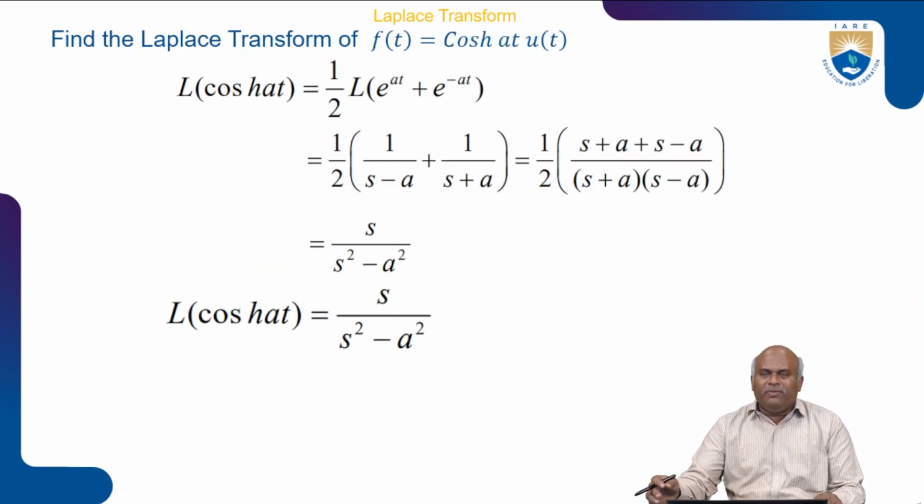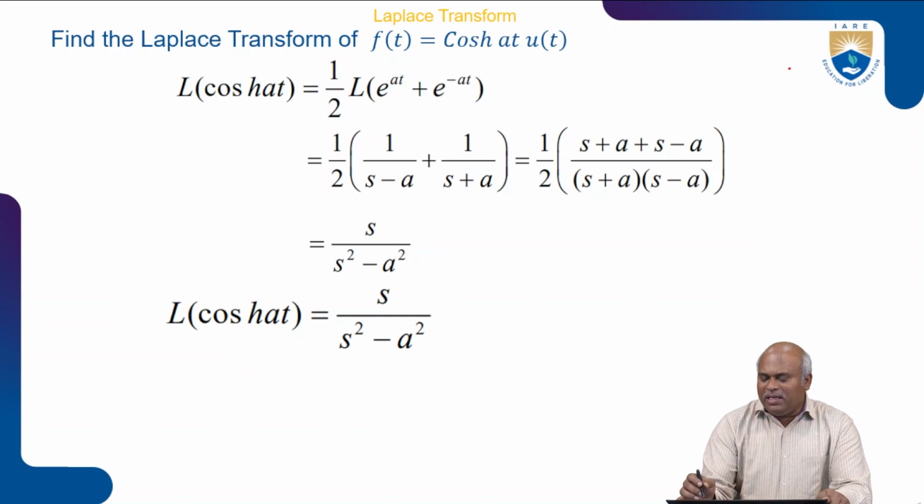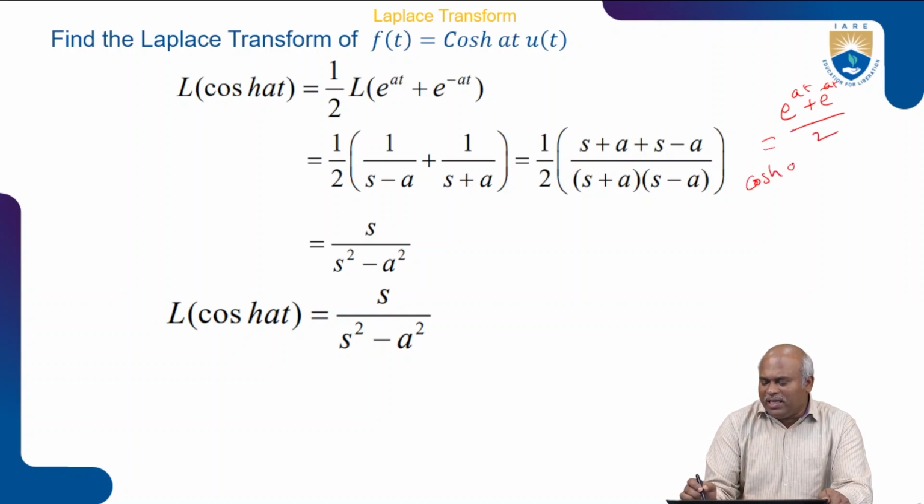Next, we go for cosh at. The cosh at is represented as e power at plus e power minus at, divided by 2. So the Laplace transform of cosh at is equal to 1 by 2 times the Laplace transform of e power at plus e power minus at.